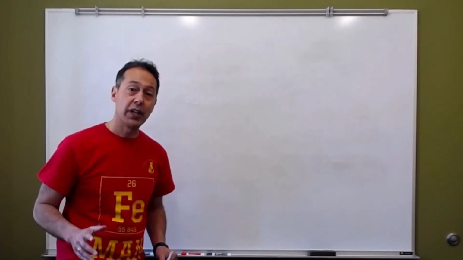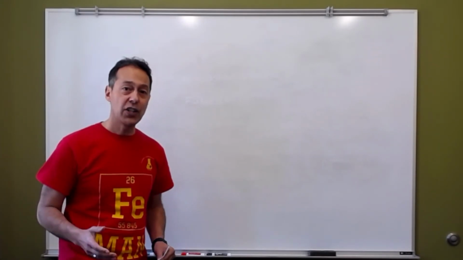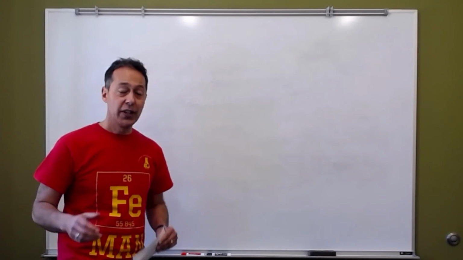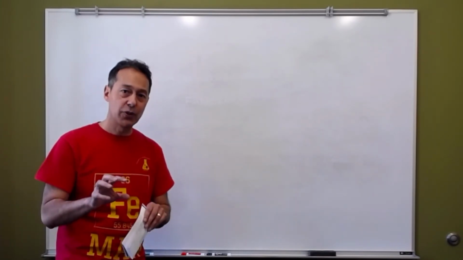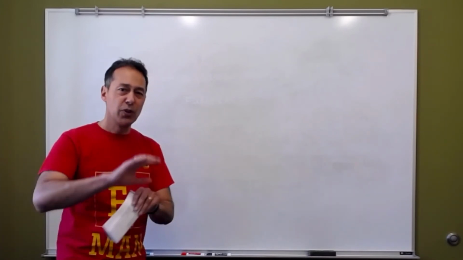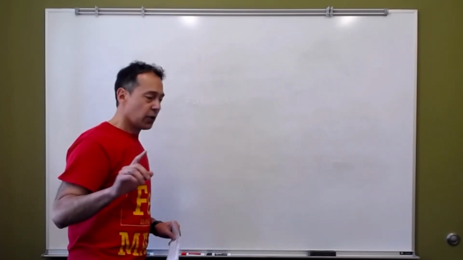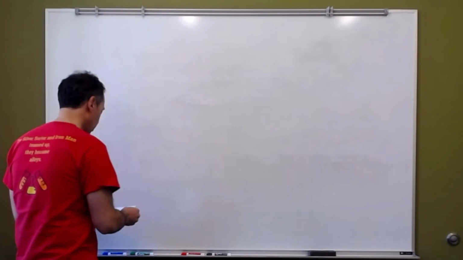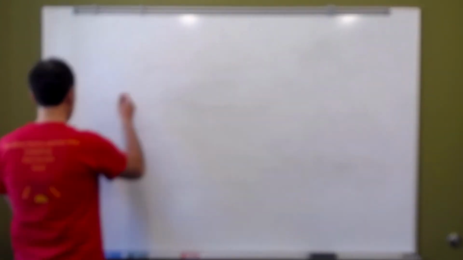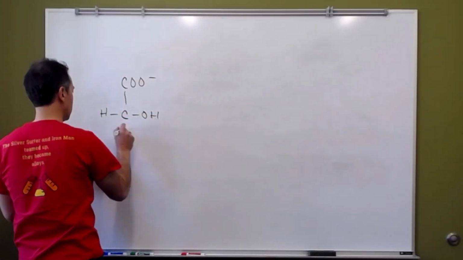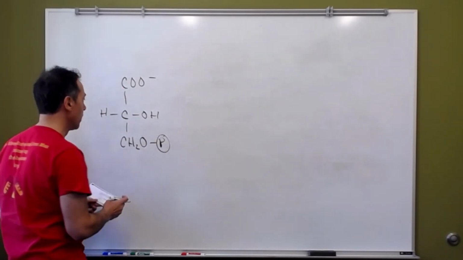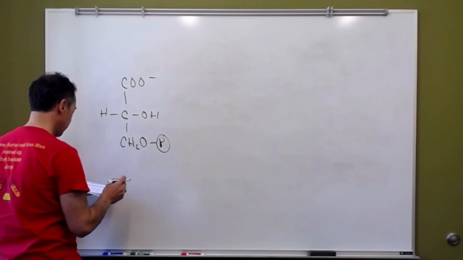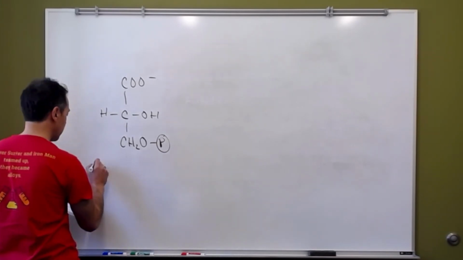An isomerase is a classification of enzyme that causes the substrate to rearrange itself. So it takes the atoms in the substrate and rearranges them into a new conformation. An example of this would be like this. So this molecule right here is called 3-phosphoglycerate.